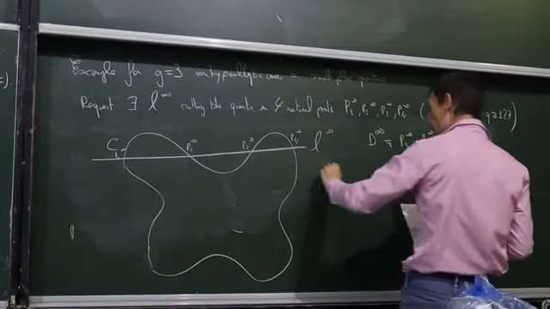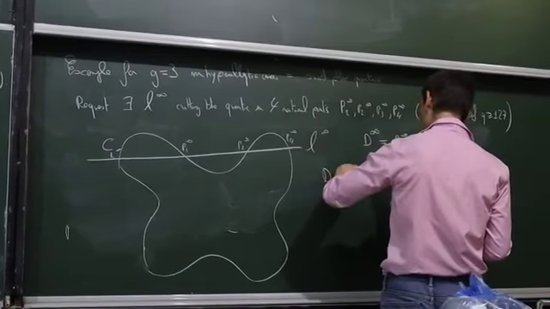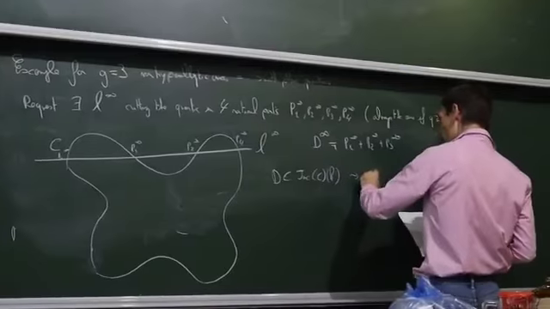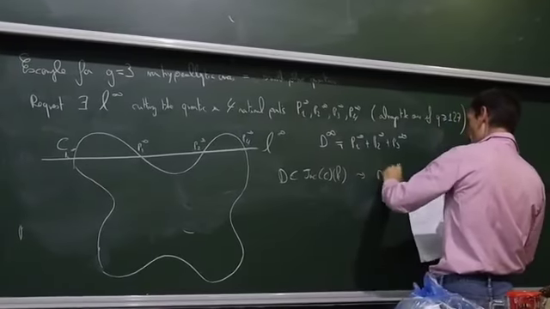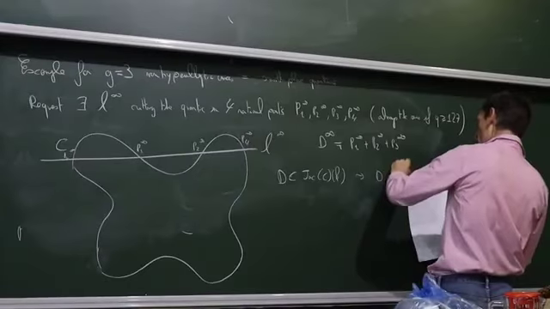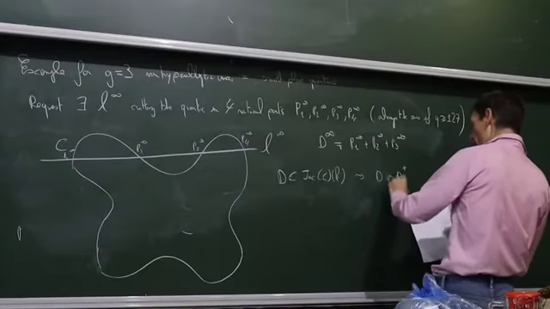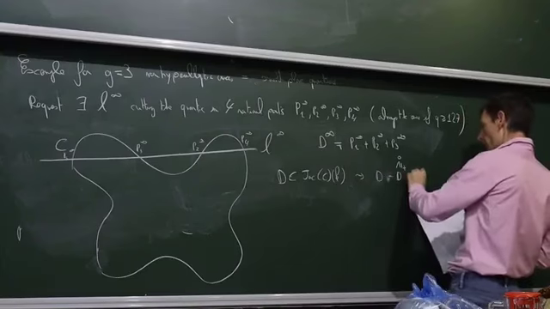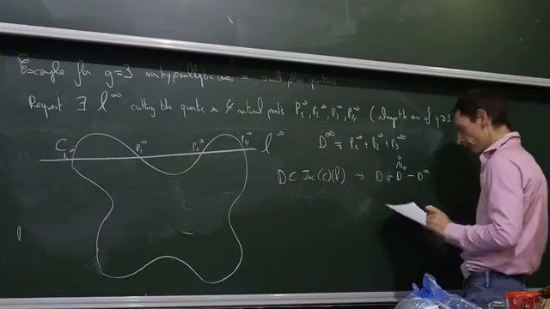So any D inside the Jacobian of C over K, I'm going to represent as an effective divisor D plus, minus D infinity.